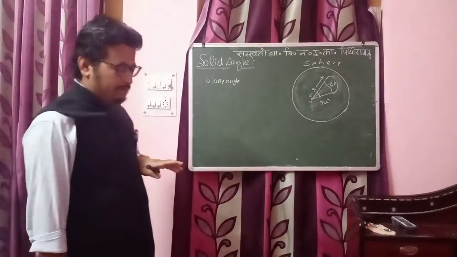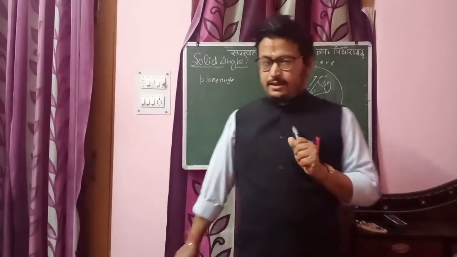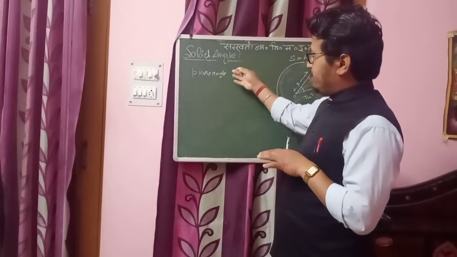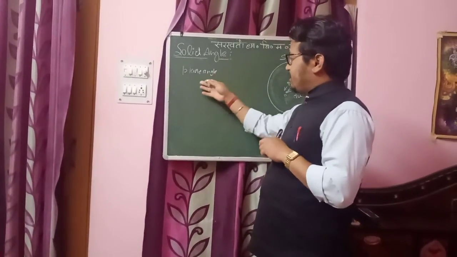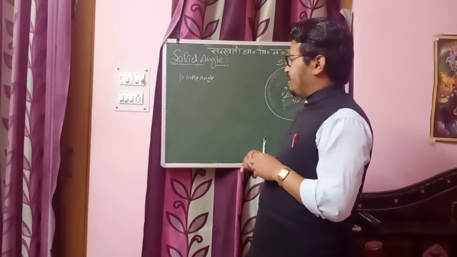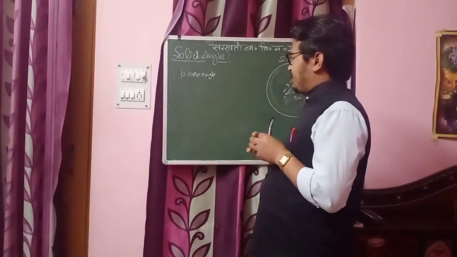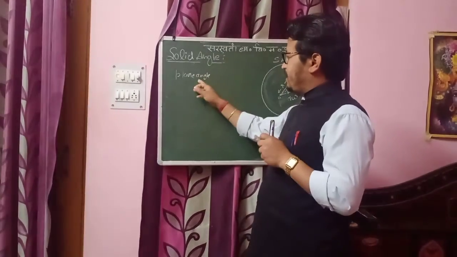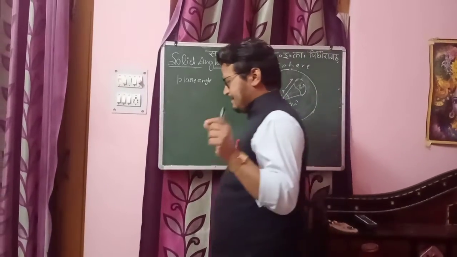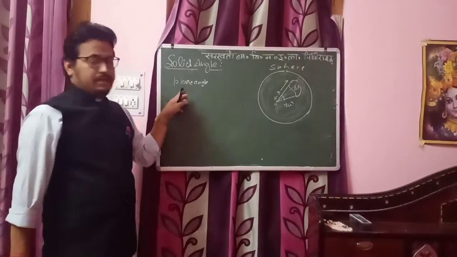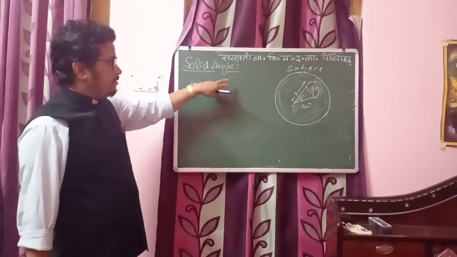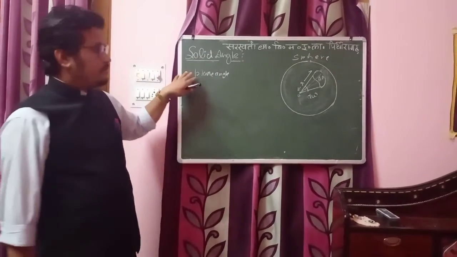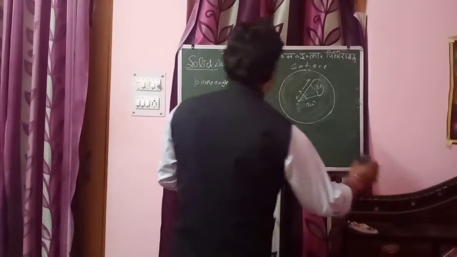Plane angle means, if I am talking about a circle, any arc of the circle whose distance from the center is equal to the radius of that circle, then the arc which subtends an angle at the center of that circle is known as the plane angle. Now we are talking about the solid angle.